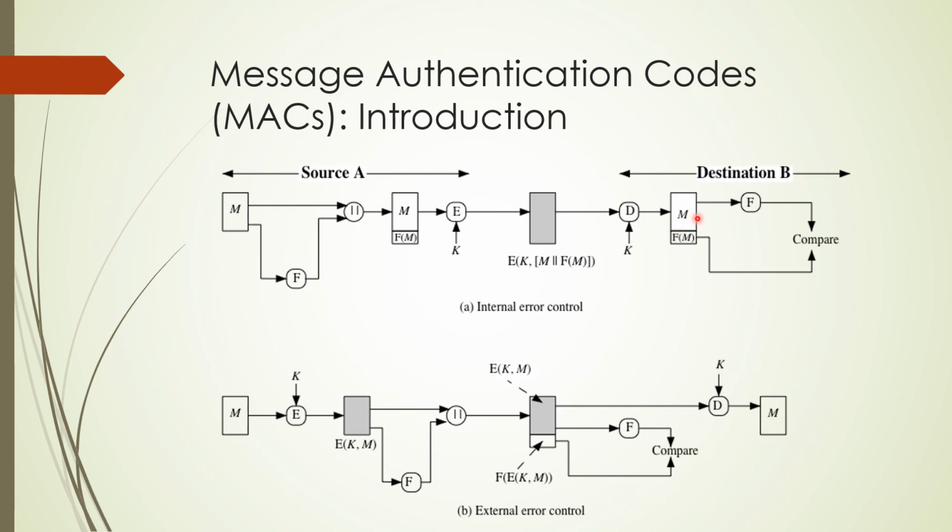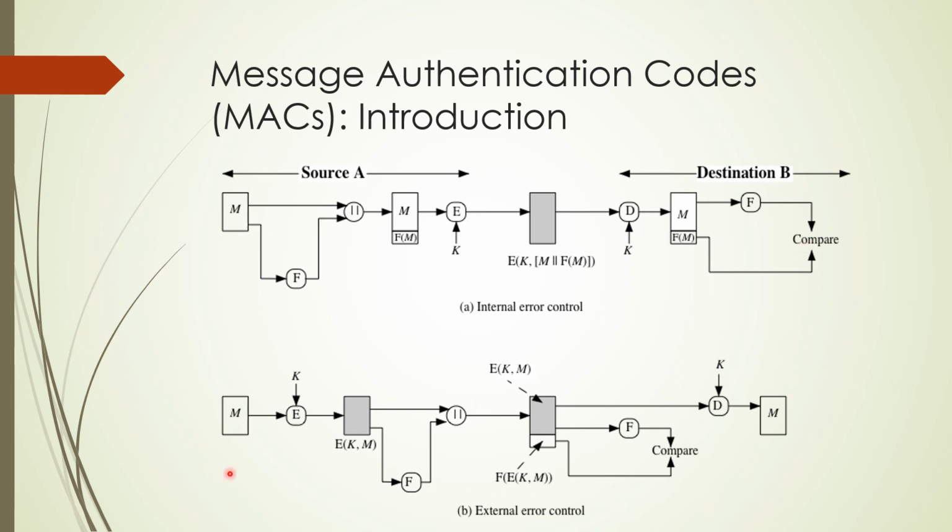We can apply f, the same f that source A used, on the received M, and compare it with the received digest, which is the received f of M. If f of received M equals the received f of M, this comparison says they're equal, then the message gets authenticated. That means the message didn't get modified or altered in the middle of the way.